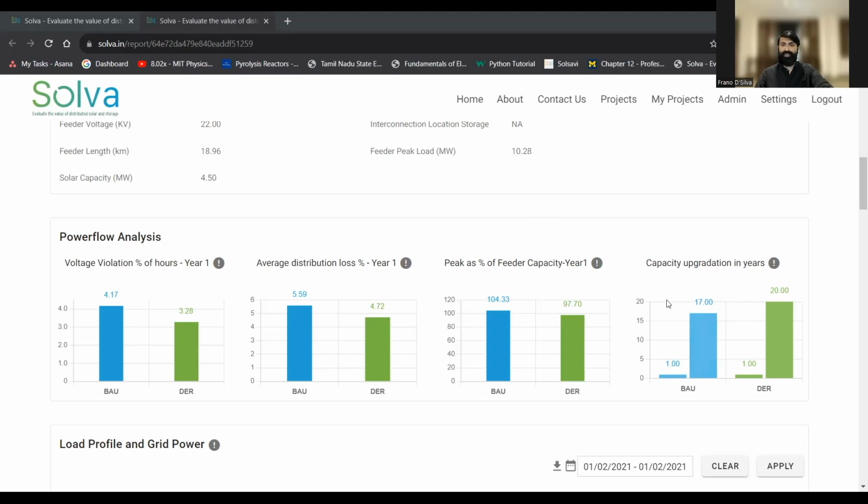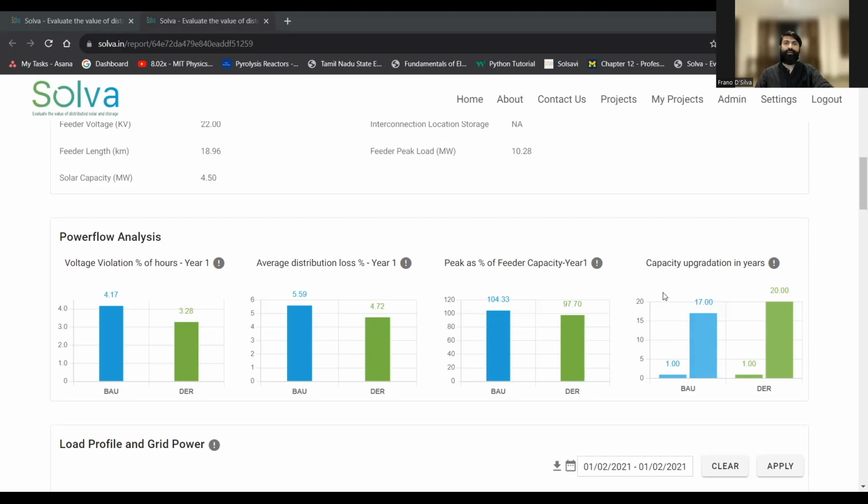And it suggests the first upgradation in the first year of the analysis, as there are more than 5 instances where the peak load is violating the feeder capacity. Hence, capacity upgradation is suggested in the first year. And in the 17th year, the second capacity upgradation is suggested for this particular feeder.